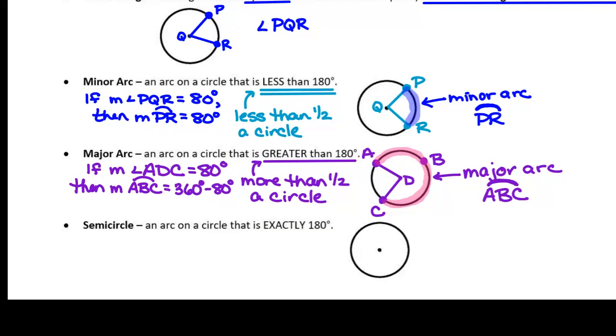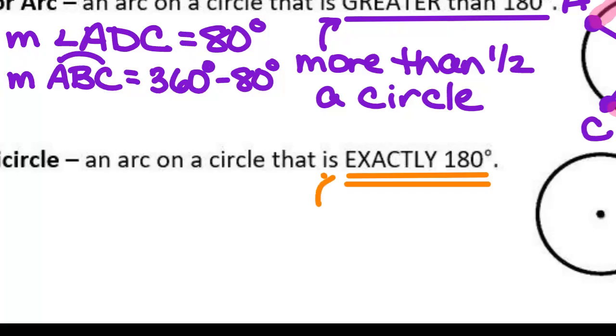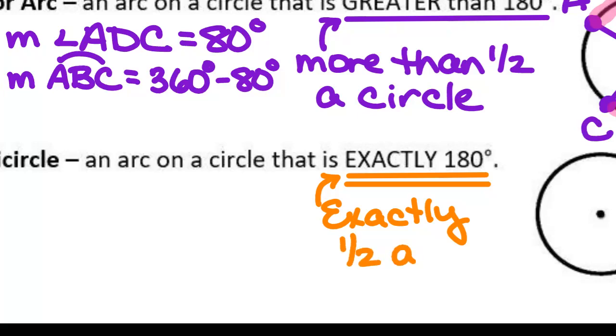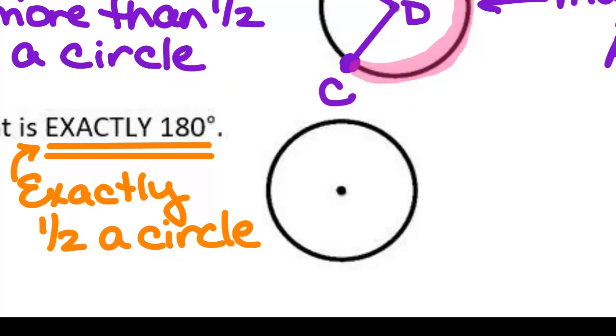Then we have a semicircle. A semicircle is exactly 180 degrees, exactly half a circle. So this right here would be a semicircle.